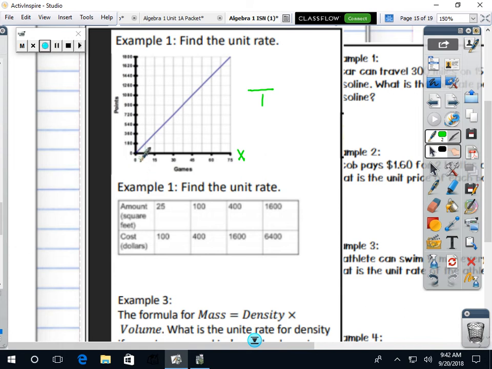So instead, you want to just pick a nice point, maybe something like this one, which is over 15 up how many? 360. Okay, now your goal is to simplify that so that you will have a denominator of 1. So you do 360 over 15, and what does that become?